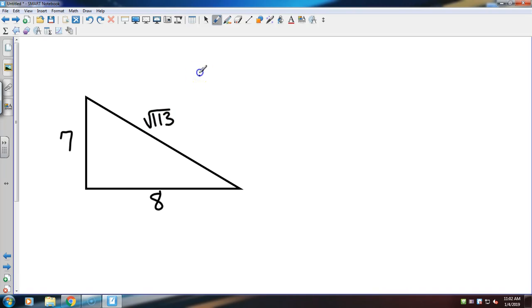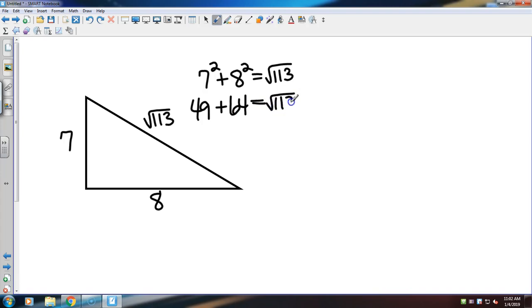So that's going to be 7 squared plus 8 squared equals radical 113 squared. 7 squared is going to be 49. 8 squared is going to be 64. Oh, sorry, I forgot to square the c.